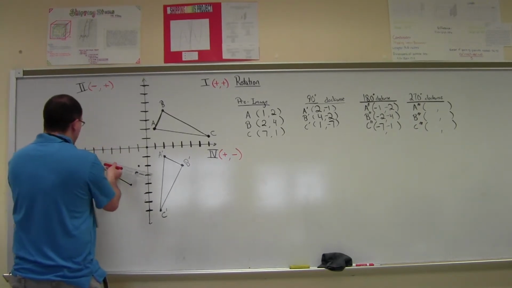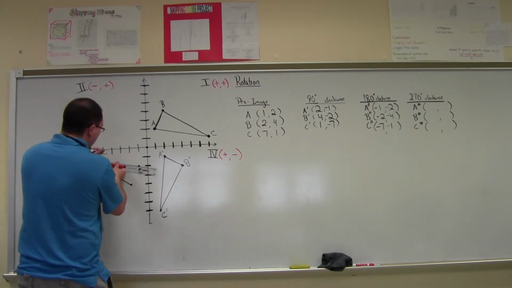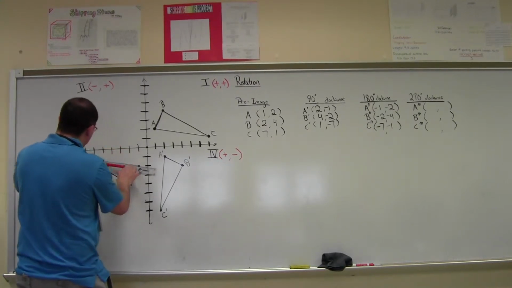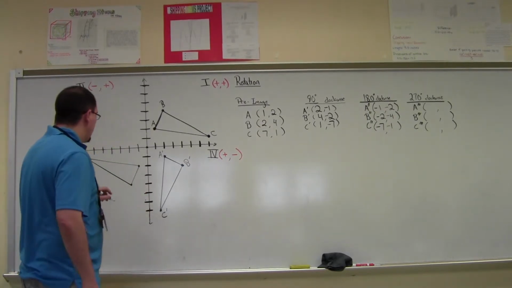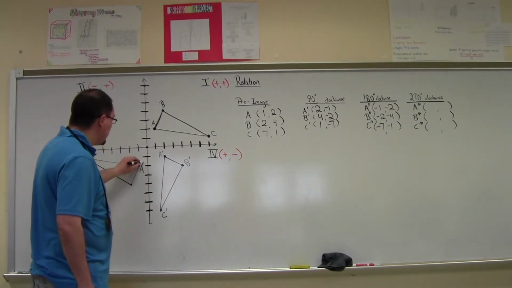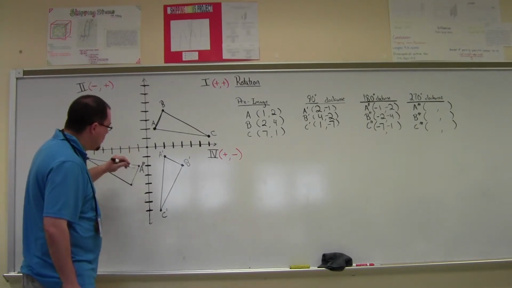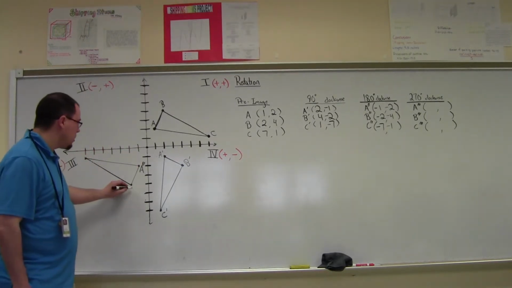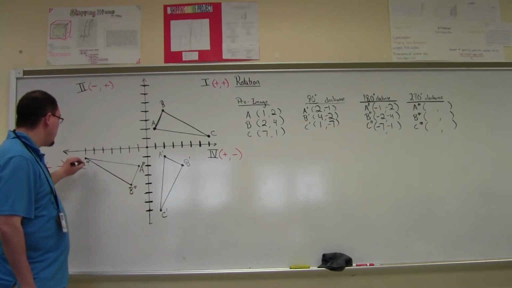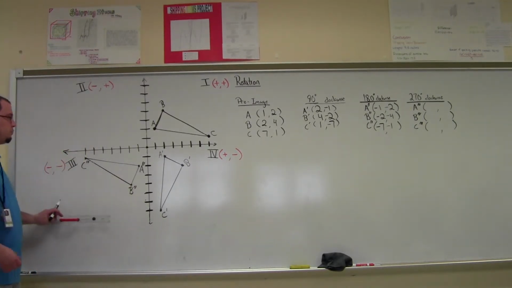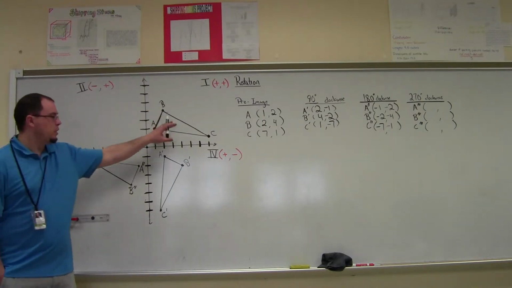Because this is the second transformation that we're doing, the second rotation, instead of writing it A prime, B prime, and C prime, we're going to write A double prime. So you'll see 2 tick marks. You'll see B double prime, and you'll see C double prime, to show that we've moved it twice now.